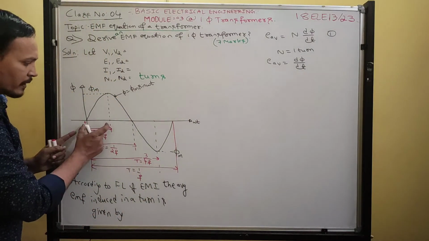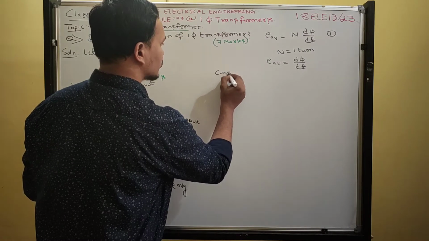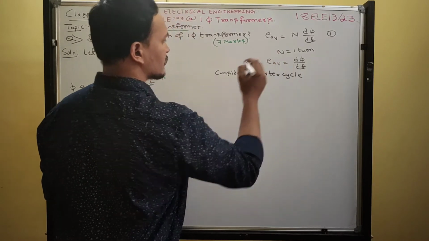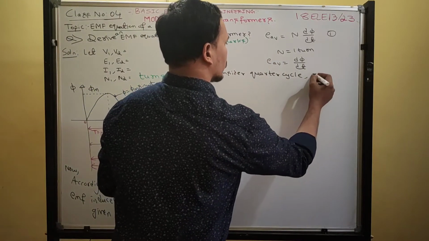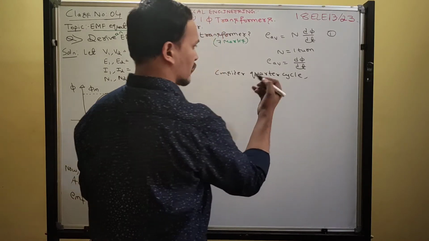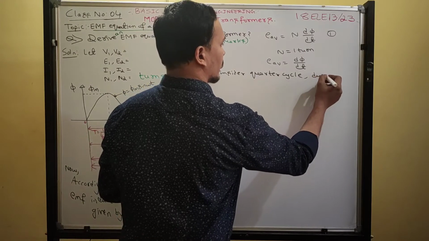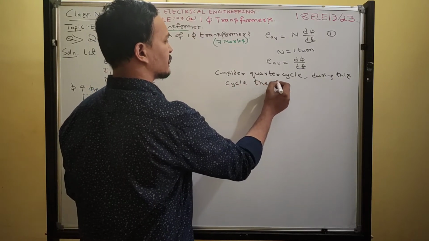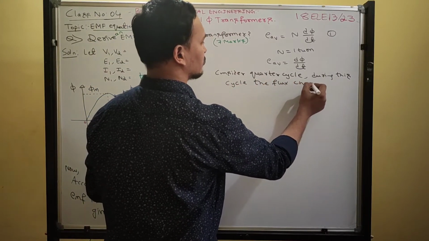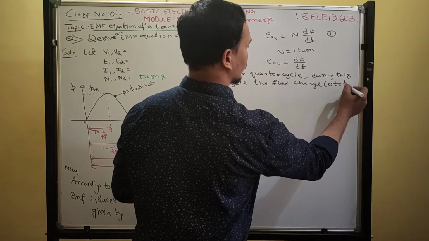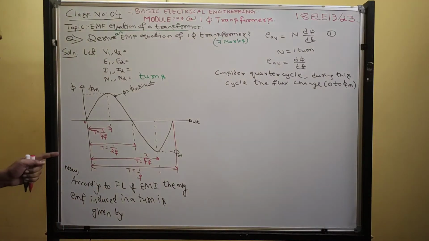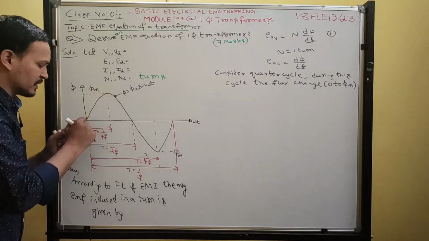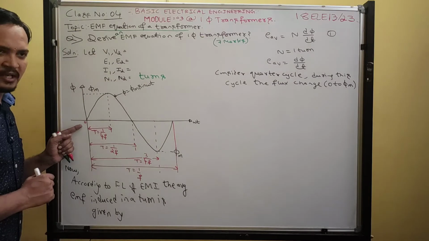See, now consider a quarter cycle. During this quarter cycle, how does the flux change? 0 to φm. Look here, in this quarter cycle the flux is changing from minimum to maximum, 0 to φm.